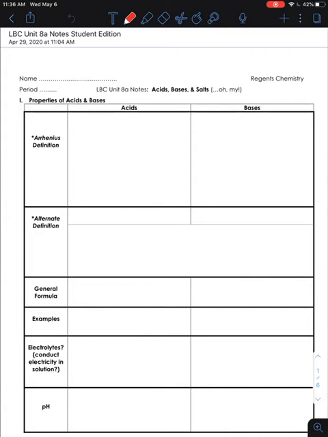The first one is usually what you'll see on a Regents. The second one you may not see as often. So let's go over what this means. Acids by definition are compounds, usually ionic because they have to split apart, compounds that produce hydrogen. Okay.